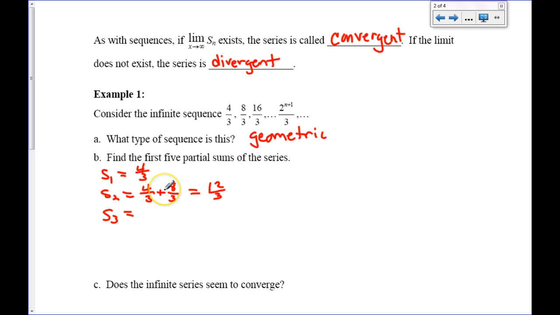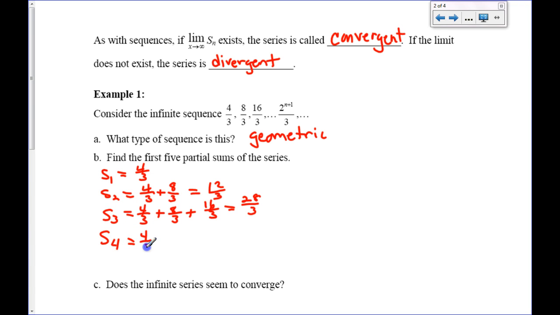Okay, so this will be 4 over 3 plus 8 over 3 plus 16 over 3, equals 28 over 3. S sub 4.